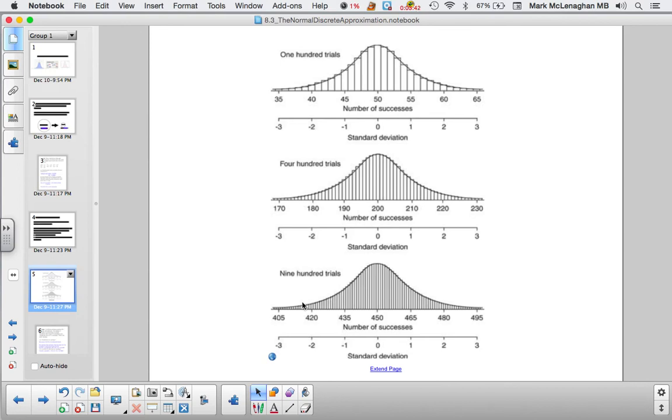Do 900 trials, and you can see that the curve is nice and smooth. There are so many trials that joining the midpoints of the frequency bars really is starting to become continuous. We can't distinguish one interval from the other. So it's very close to being normally distributed.